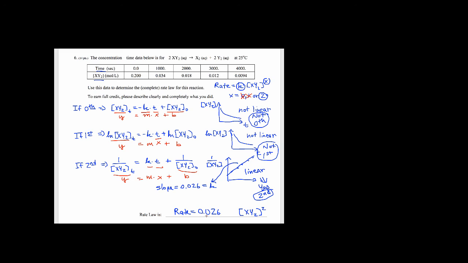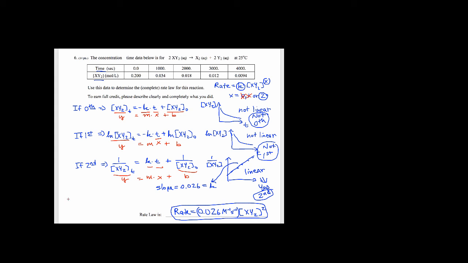And then, of course, don't forget, the rate constant has units, and this is going to be molarity to the -1, seconds to the -1. So that is our rate constant k, and that gives us our rate law.